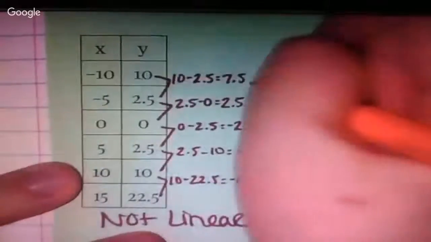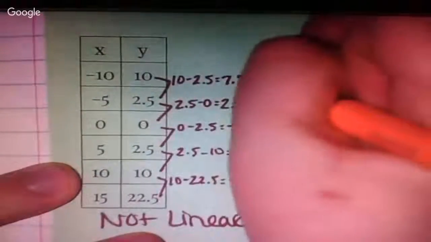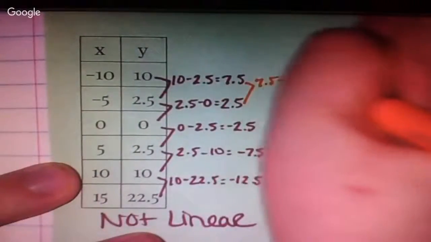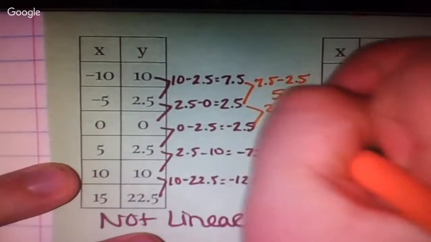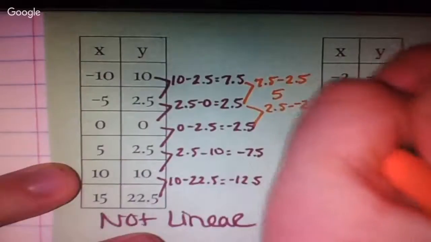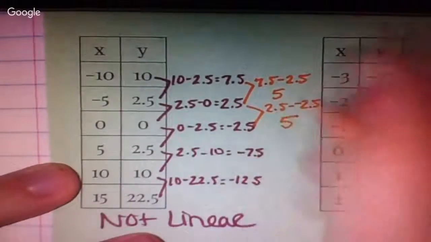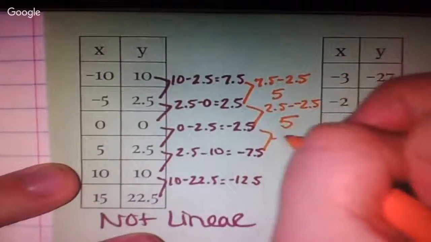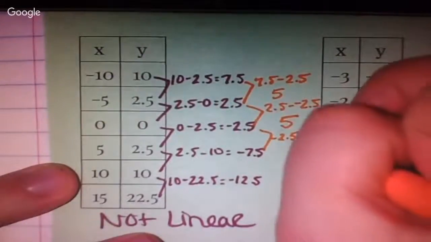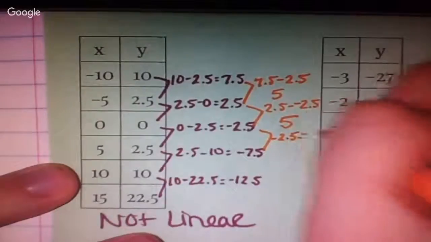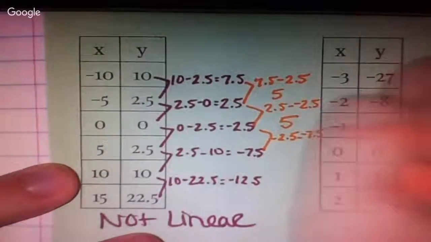Okay? So we take it one more step. 7.5 minus 2.5, 5. 2.5 minus negative 2.5. Negative 2.5 minus negative 7.5.